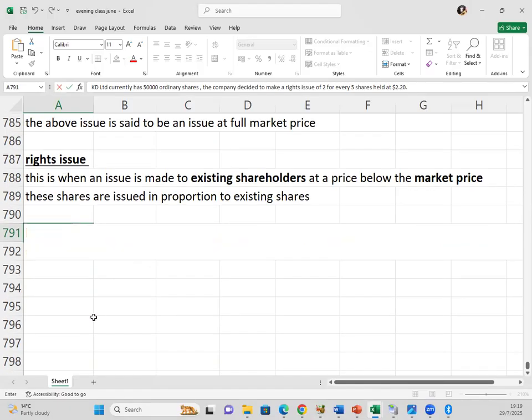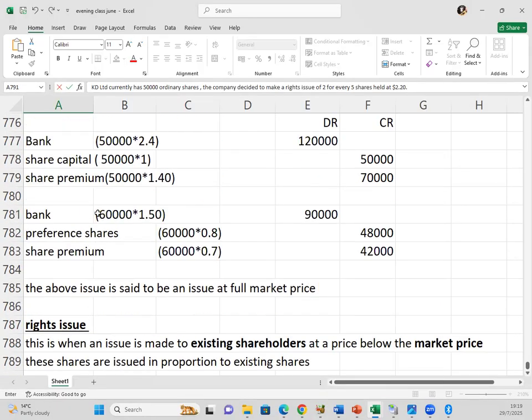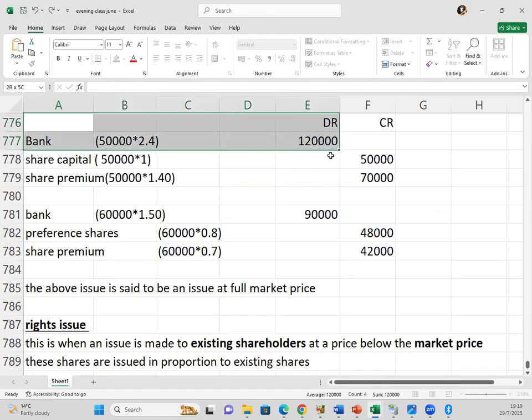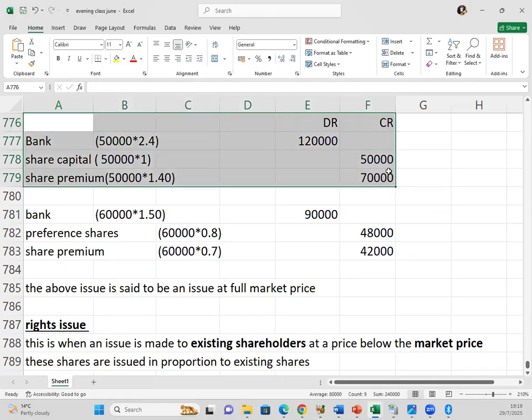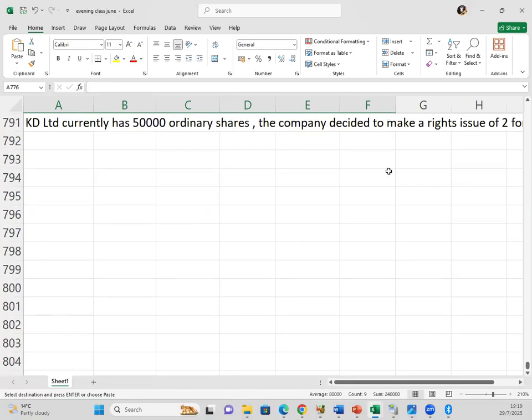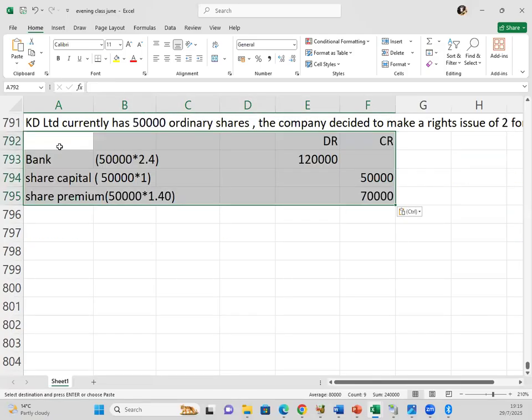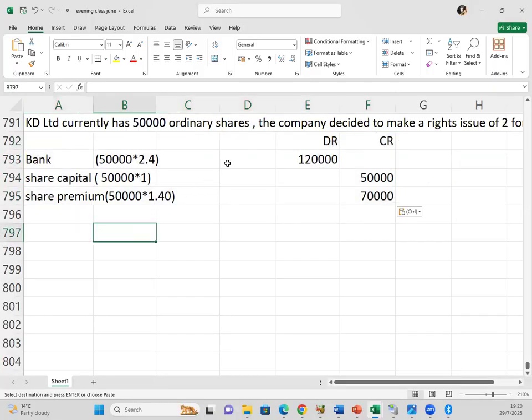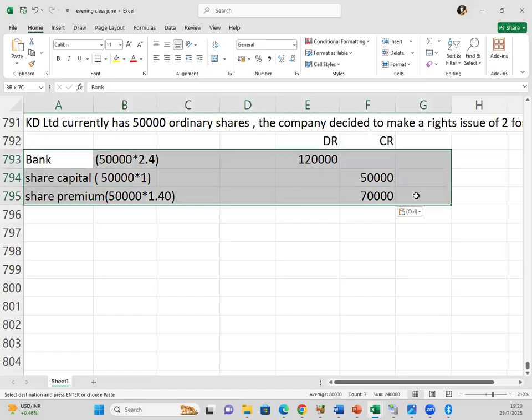So we want to record this. It's almost the same, with just very few adjustments. Let me copy this, then I'll make the adjustments. The first thing is to understand how many shares we issued.